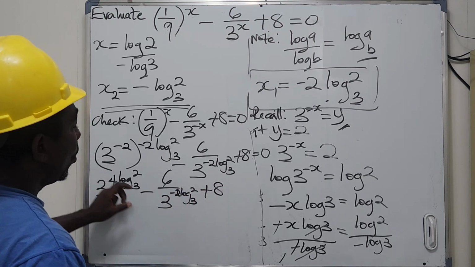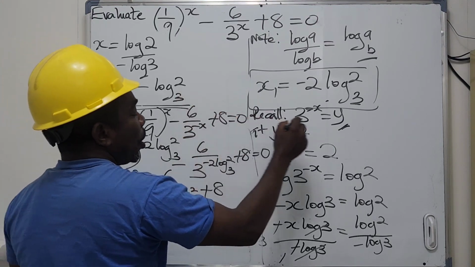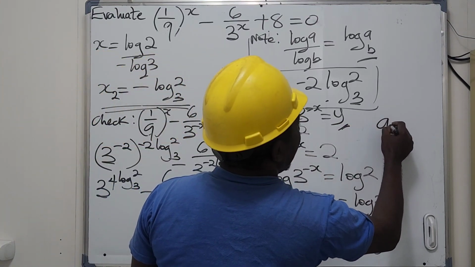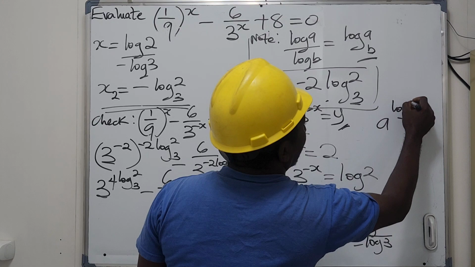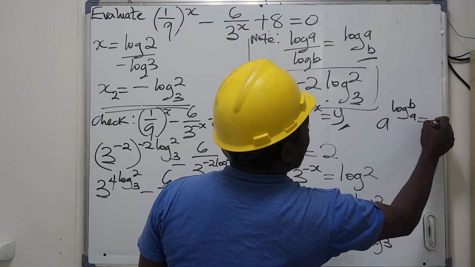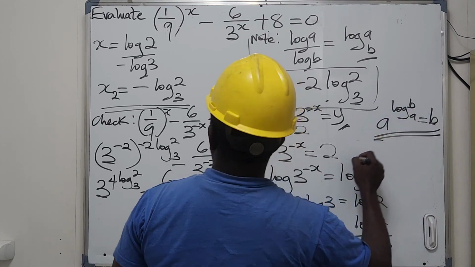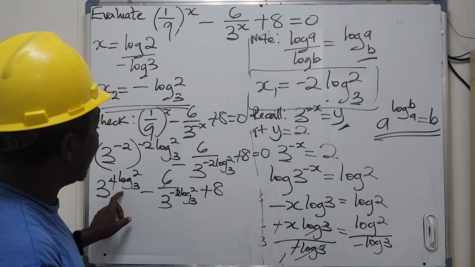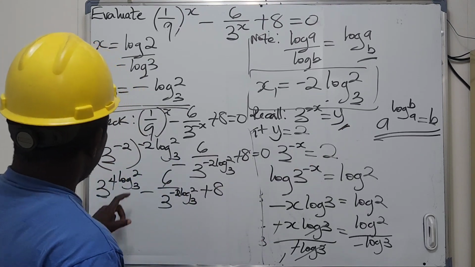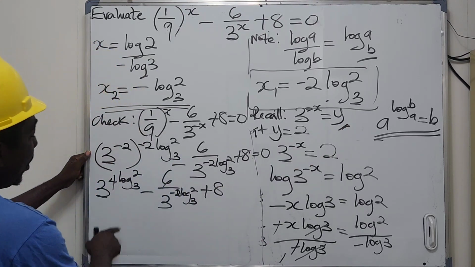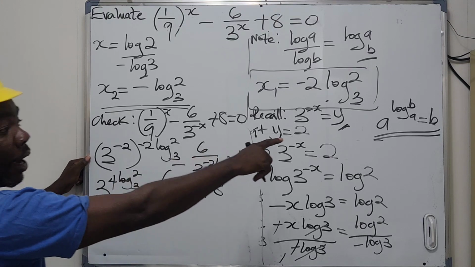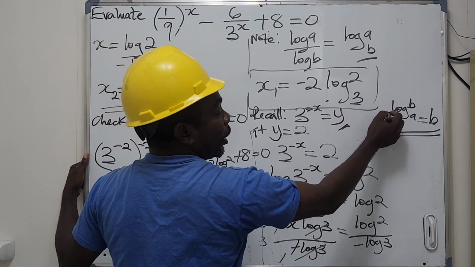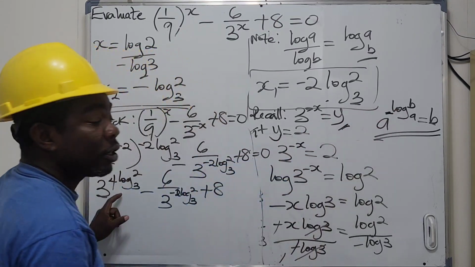We recall that when we have a to the power of log b base a, it is the same thing as b. So in that format, we are going to represent this in this format. Here the constant is 1, but here the constant is 4.